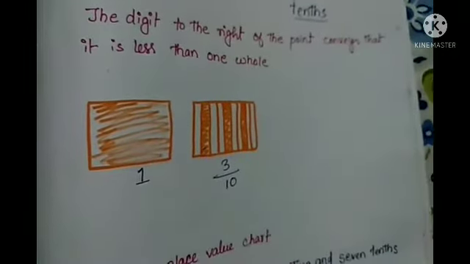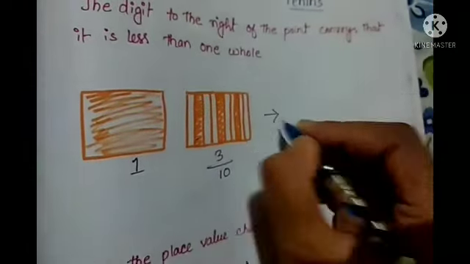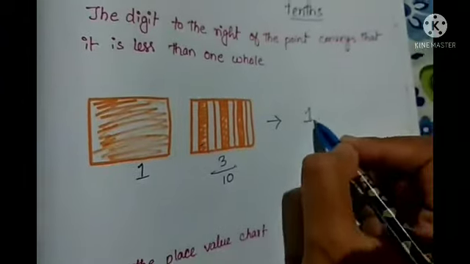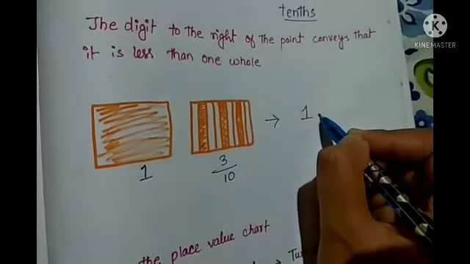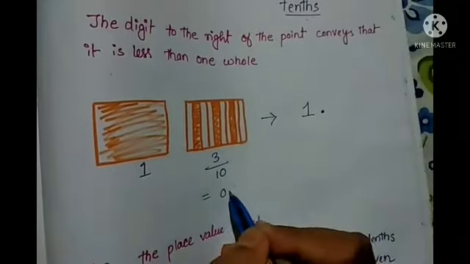So definitely it will be 3 by 10, right students? Now altogether how can we write this as a decimal number? Obviously one whole, so that one we write as 1. Then we put a point, because 3 by 10, that means what? 0.3.